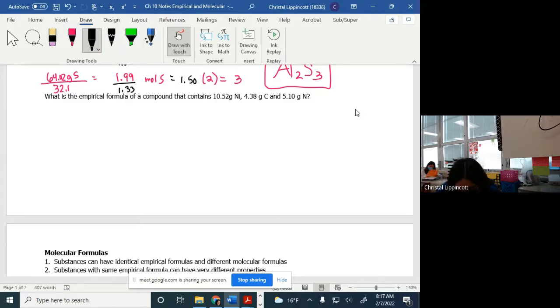Do we ignore the 100-gram sample for this one? Well, yeah. This is already in grams, so you skip right to step 3 for this one, because it's not in percentages. They've already given you your grams. They've already done steps 1 and 2 for you. Divided by 14.